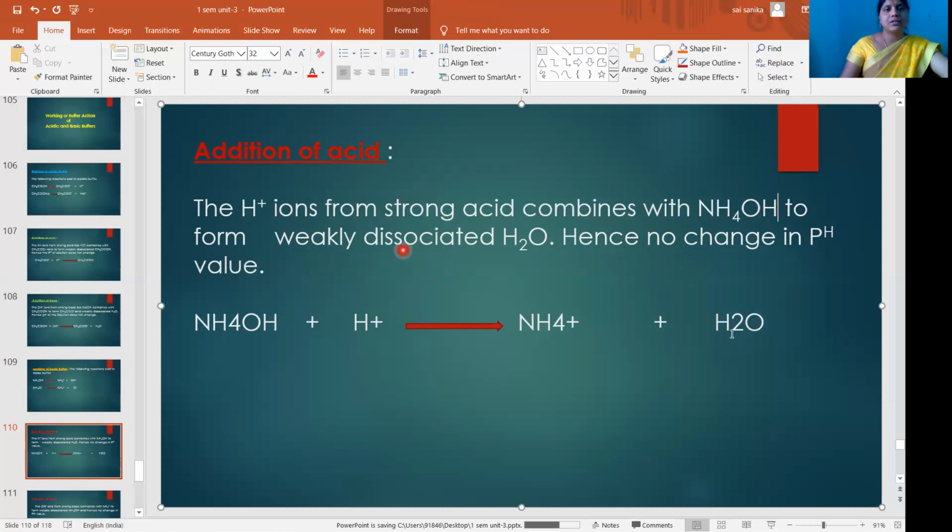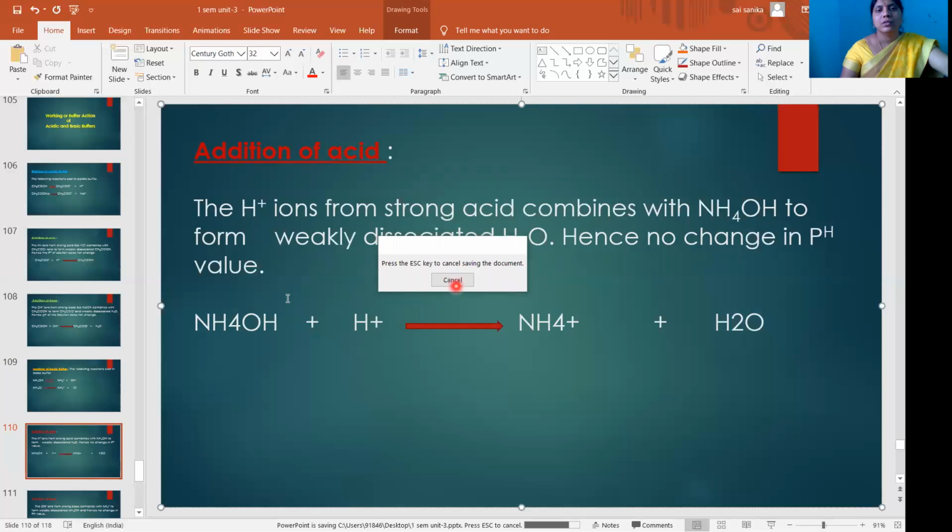When strong acid is added to the above mixture, the H plus ions will combine with NH4OH to form the weakly dissociated H2O molecule, hence no change in pH value.